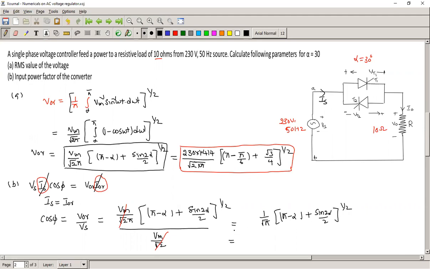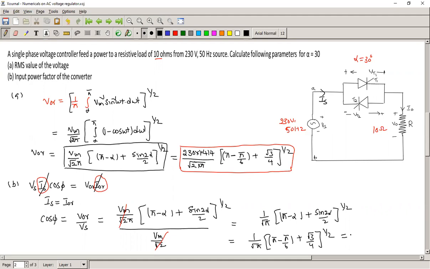Now we have to substitute all the values as per the data given. In the numerator, 1 by root pi, we know the value, 3.1412. Pi minus alpha, here 30 degrees, so pi by 6, plus root 3 by 4, power 1 by 2.